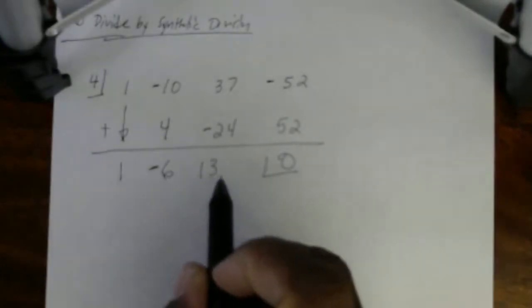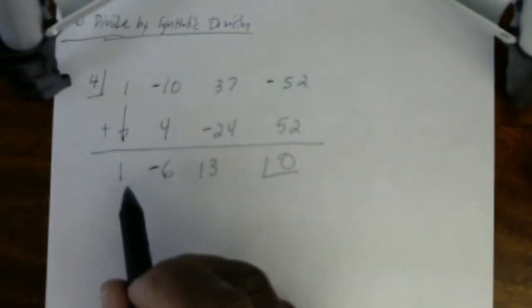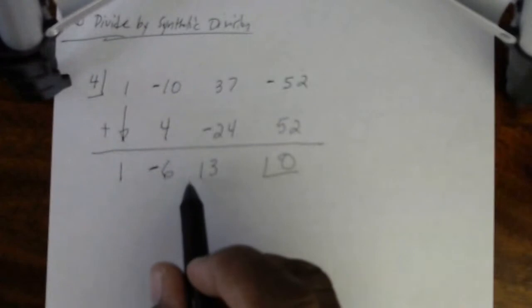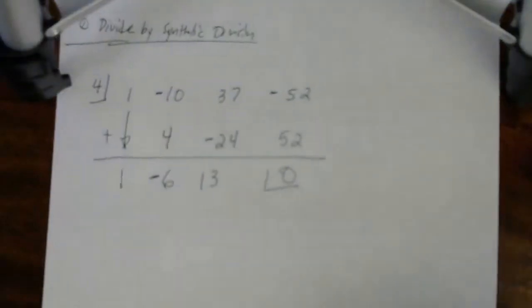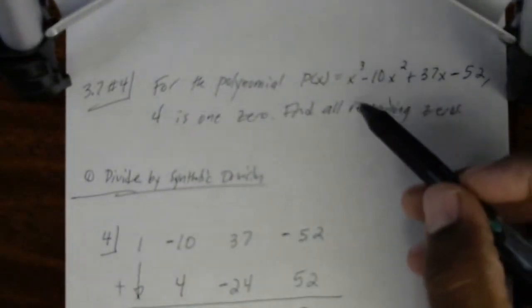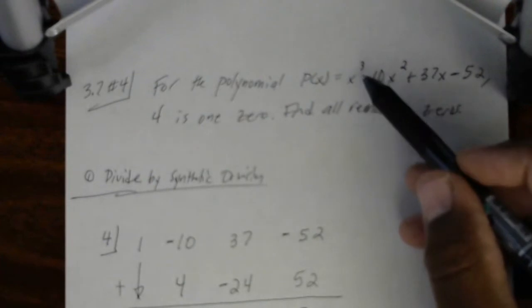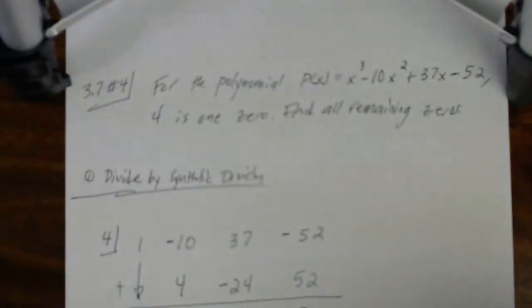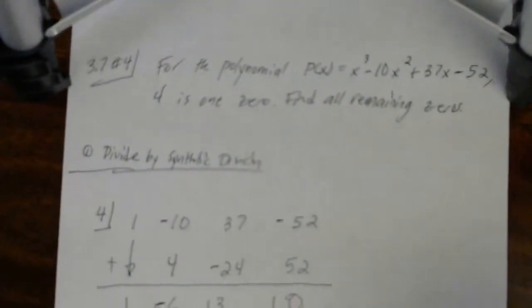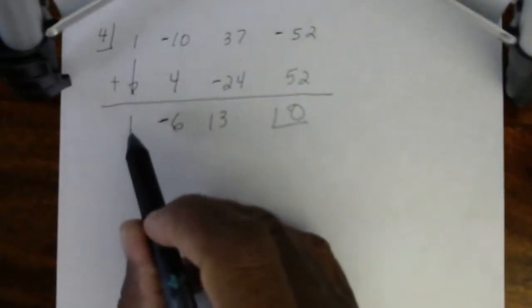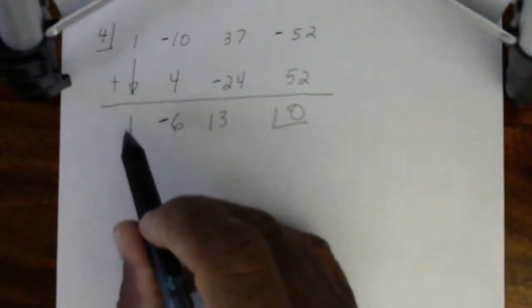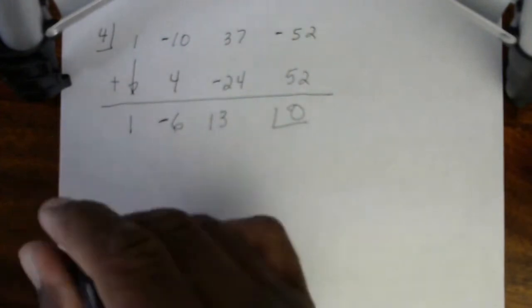All right, so this is what's left. So keep in mind that these are coefficients for our equation. So we started out with a 3rd degree equation. Once we use synthetic division, our powers are lowered by 1. So this would be the coefficient of our squared term.